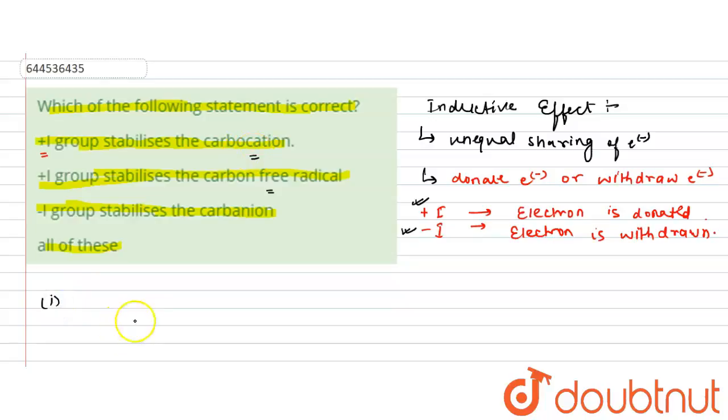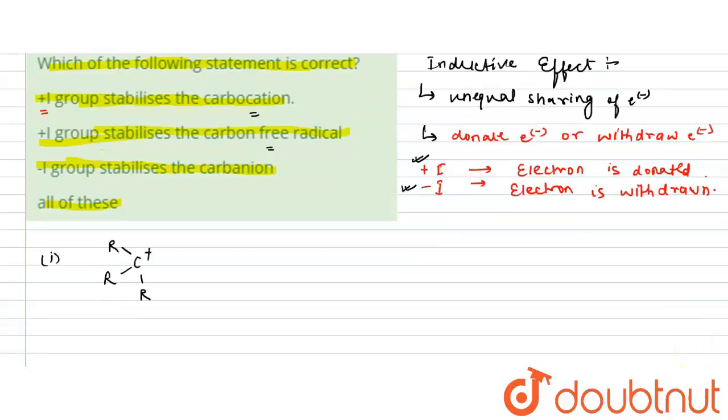The first is we are talking about carbocation. So let's take a carbocation where you have three alkyl groups attached. We know very well that tertiary carbocations are most stabilized. Here comes the reason: there are three alkyl groups attached. Let's say these are CH3 groups. CH3 has plus I effect, that is plus inductive effect, so it will increase the electron density.